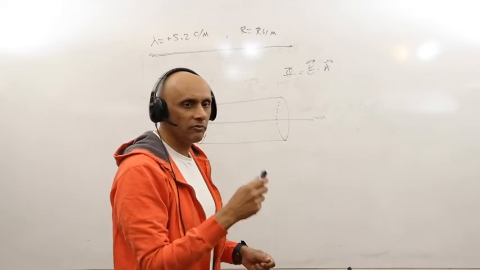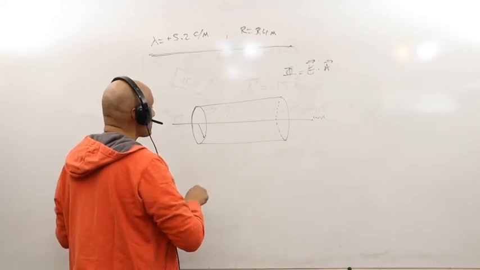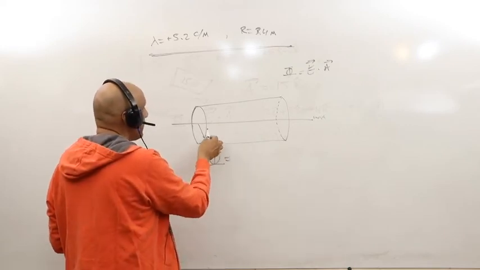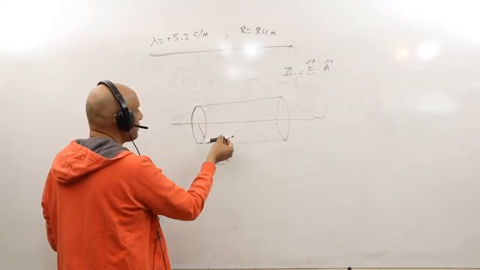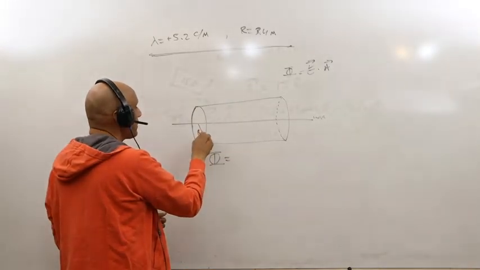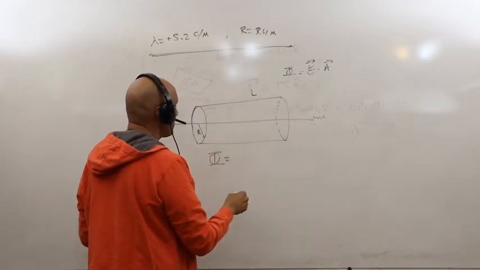So the total flux is the number of field lines penetrating the surface. And the field lines are uniformly distributed around the cylinder, so they're all spread out. The cylinder has radius r, and we'll assume this Gaussian cylinder has a length L. We just made those up.